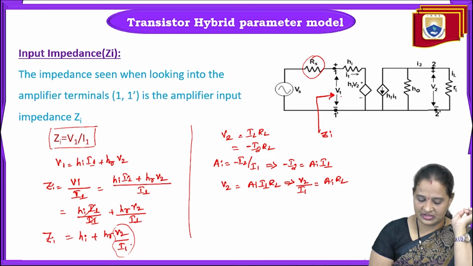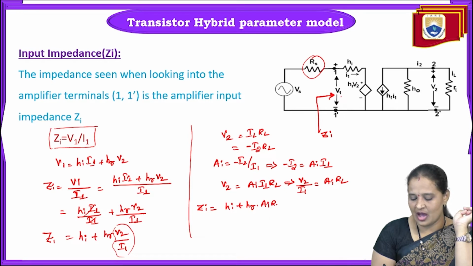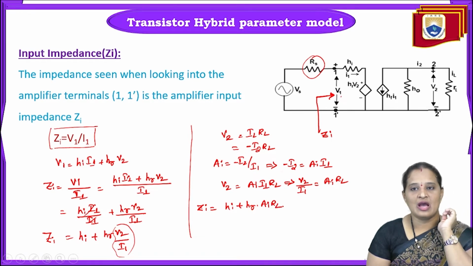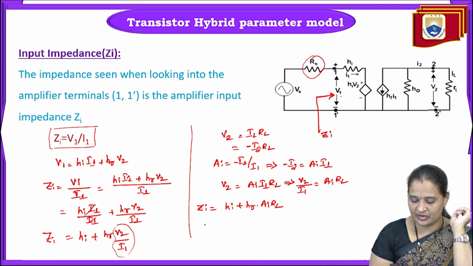Now substitute this in this equation. ZI becomes HI plus HR into AI into RL. We already know the value of AI. What is AI? Minus HF by 1 plus HO into RL.